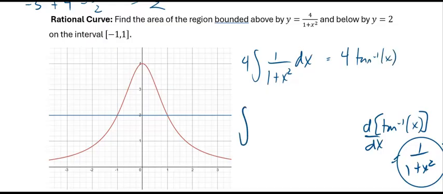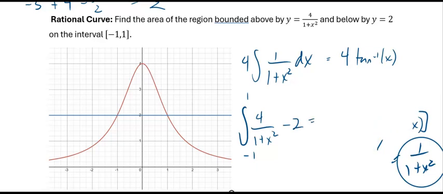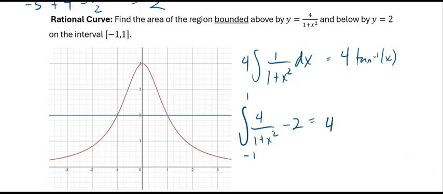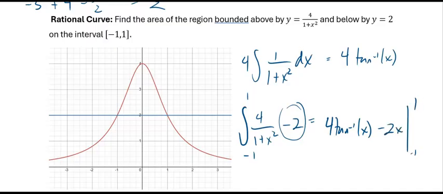Okay, so back to my area. The area is given by the integral from -1 to 1 of 4 over 1 plus x squared, minus 2, equals 4 times the arctan of x, and then the antiderivative of 2, that one's easy, minus 2x, evaluated from -1 to 1.